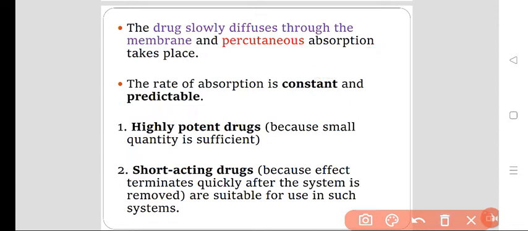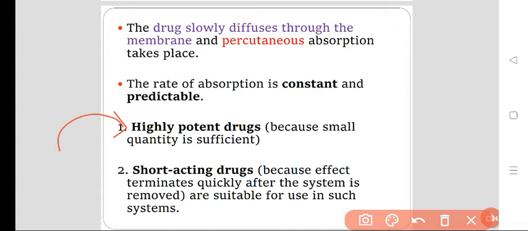So which drugs can we use as a transdermal patch? Highly potent drugs, because a small quantity is sufficient. What is meant by potency of a drug? The amount of drug which is required for the given response, that is the potency.